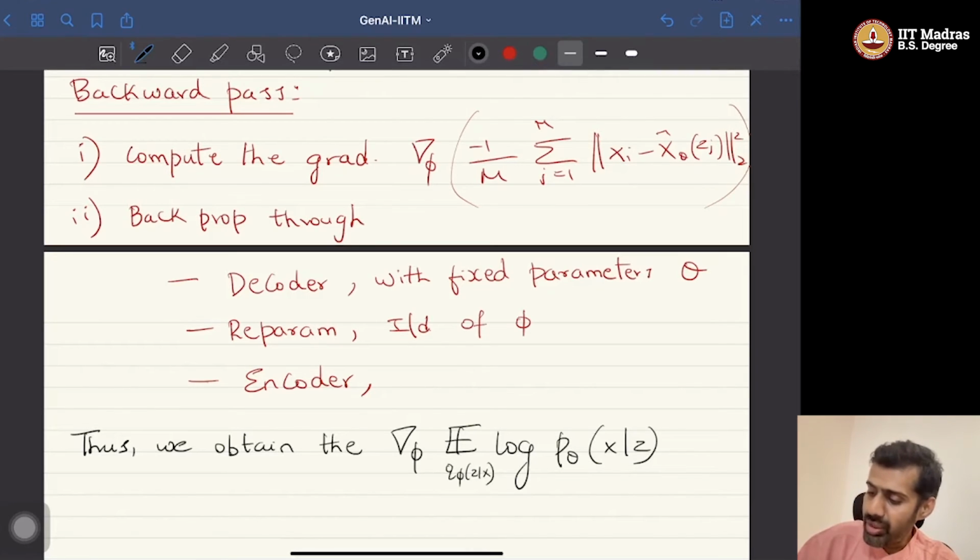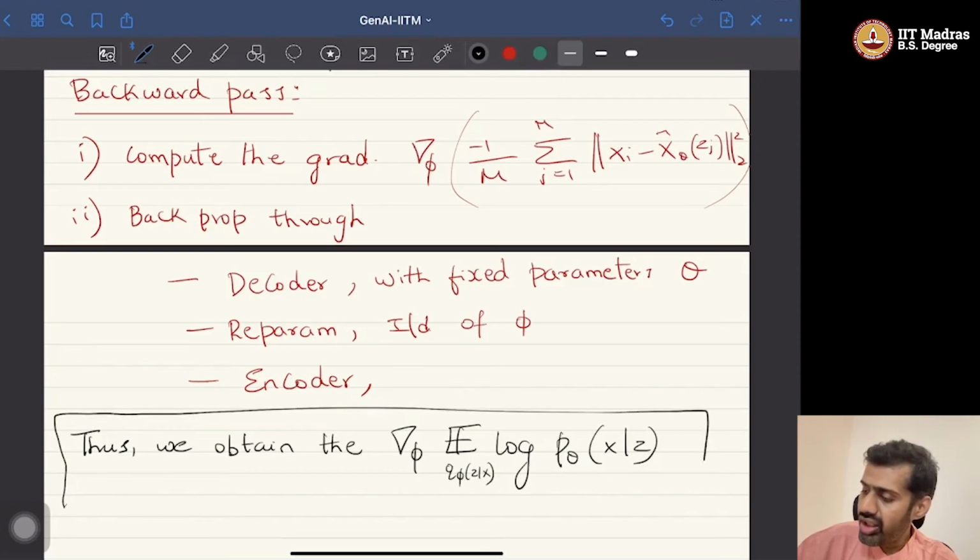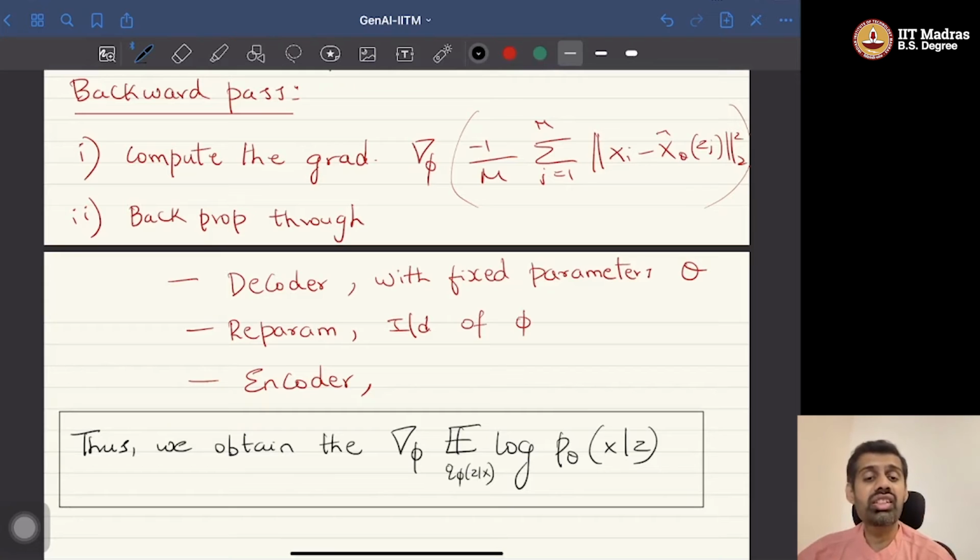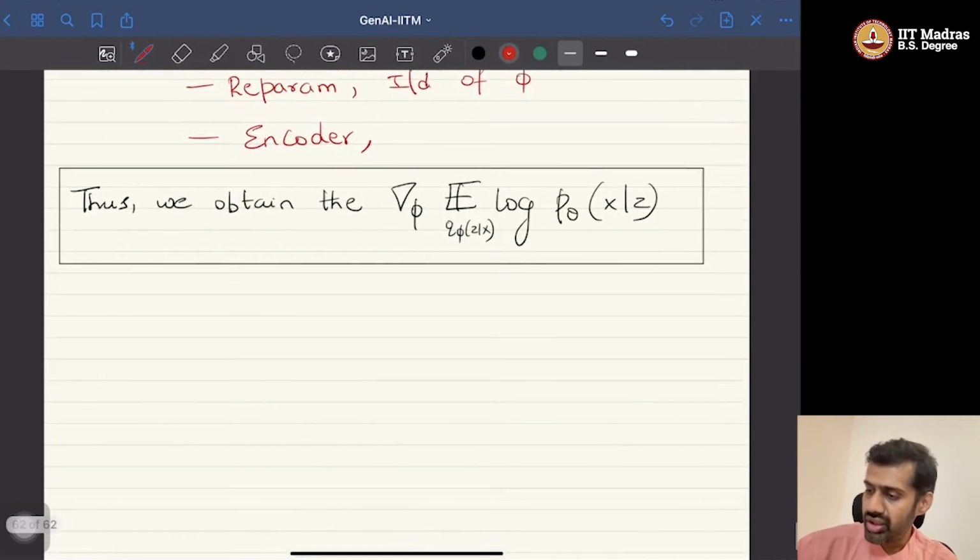The entire discussion so far, with all the reparameterization, was to obtain the gradient of the first term in the ELBO with respect to the encoder parameters. Now we could get that. Now how do we get the gradient with respect to the second term? Let us look at the second term now.